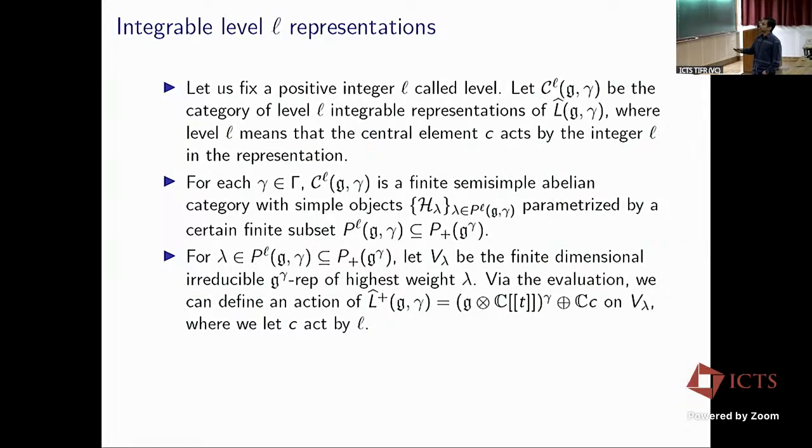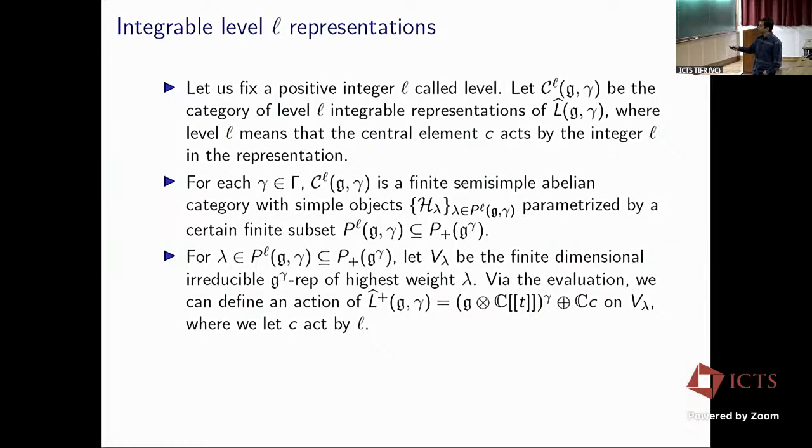Inside this twisted affine Kac-Moody algebra, we have g tensor the power series. These are the non-negative loops. From this, there is an evaluation map to the fixed point Lie algebra, so we get a representation of this non-negative part. This is like a parabolic subalgebra.